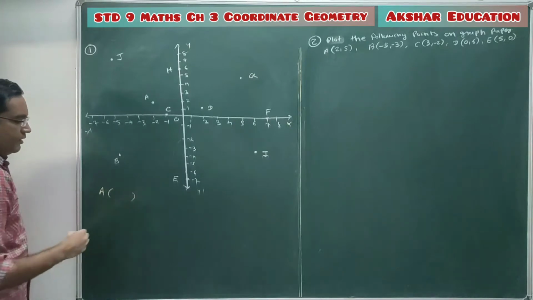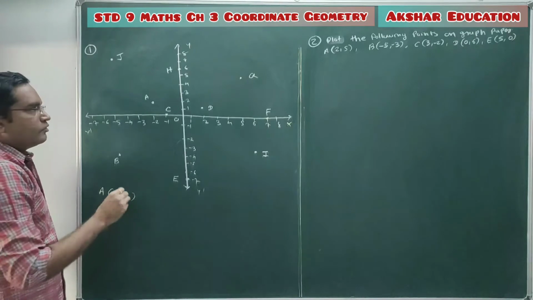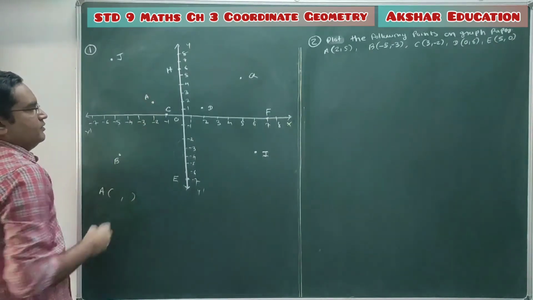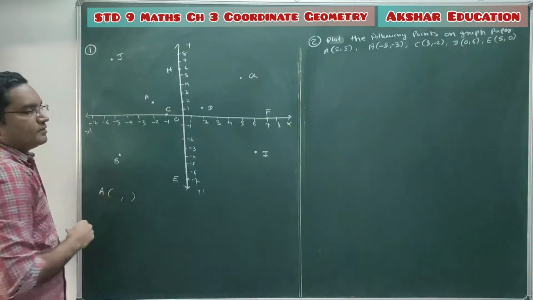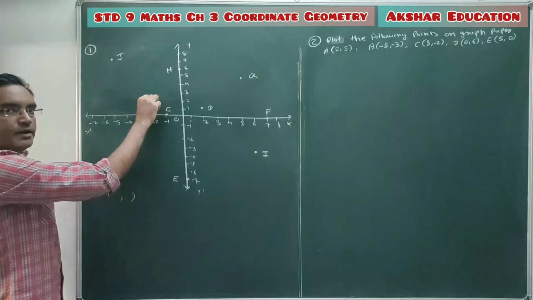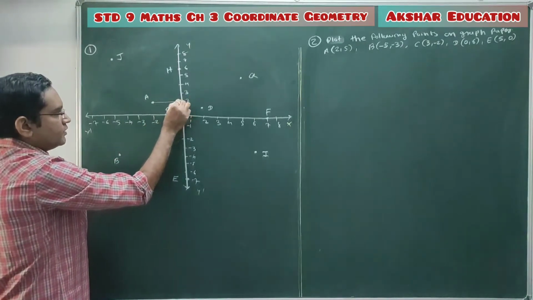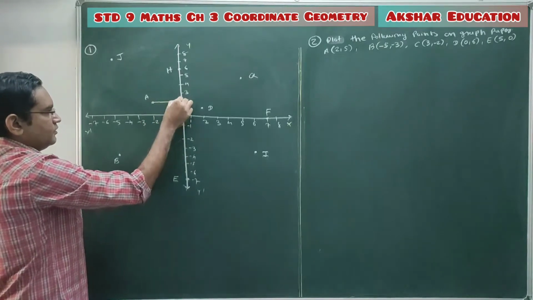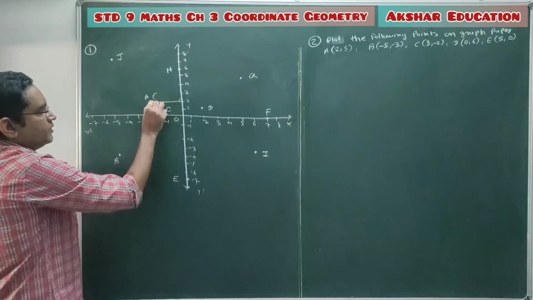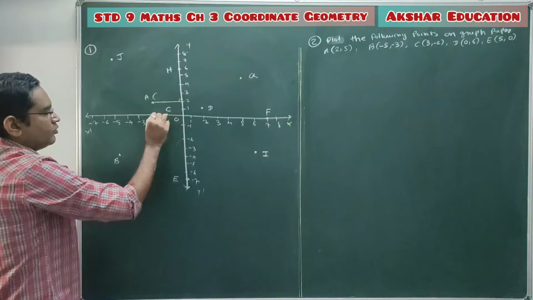Coordinates of the point A is nothing but an ordered pair x, y. So you have to find the x coordinate and y coordinate of this point A. So what is the x coordinate? X coordinate of any point is nothing but the distance of that point from the y axis. So for the x coordinate, you have to consider the distance of this point A from the y axis. Here, the distance of this point A from the y axis is 0 to minus 2.